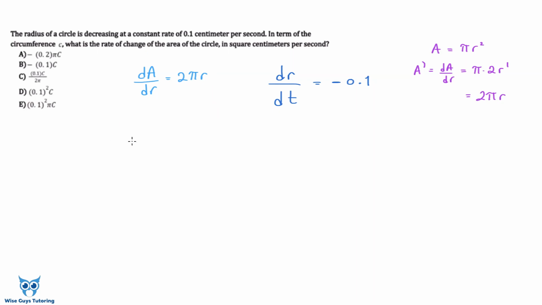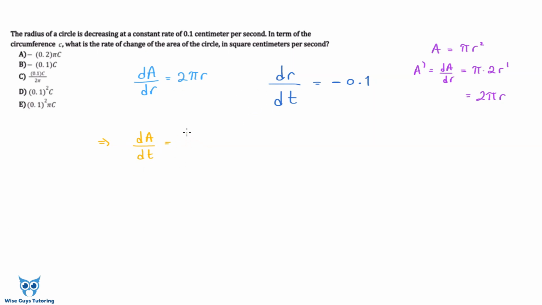Okay? Now what they want is the change of the area of the circle per second. So actually what they're looking for is dA dt, right? The change of area over change in time, centimeters squared per second. So how do I do this? Well, I'm going to combine these two.